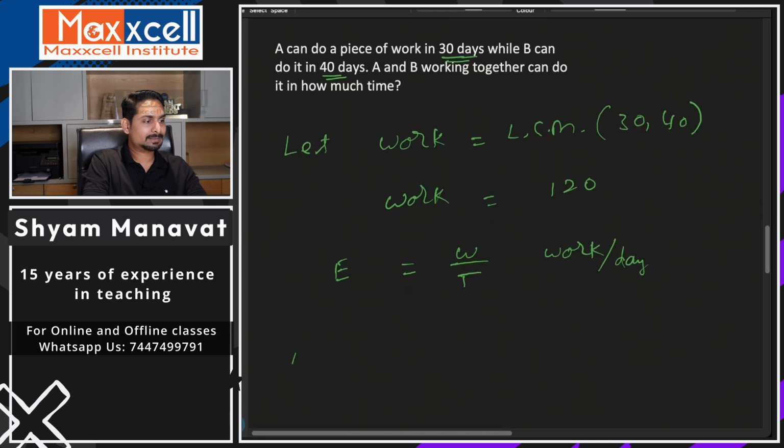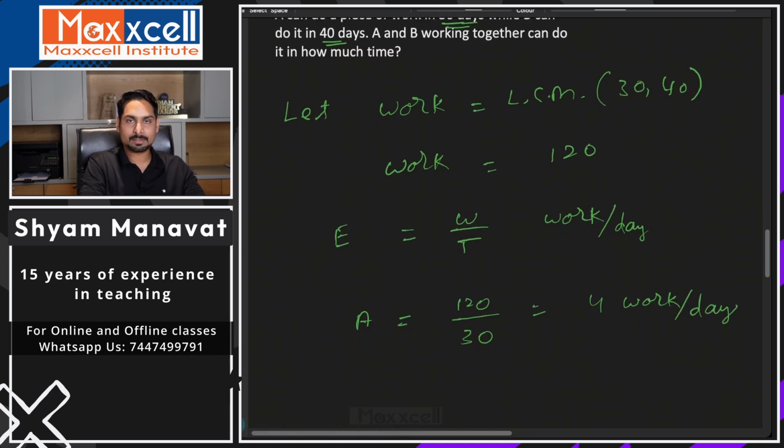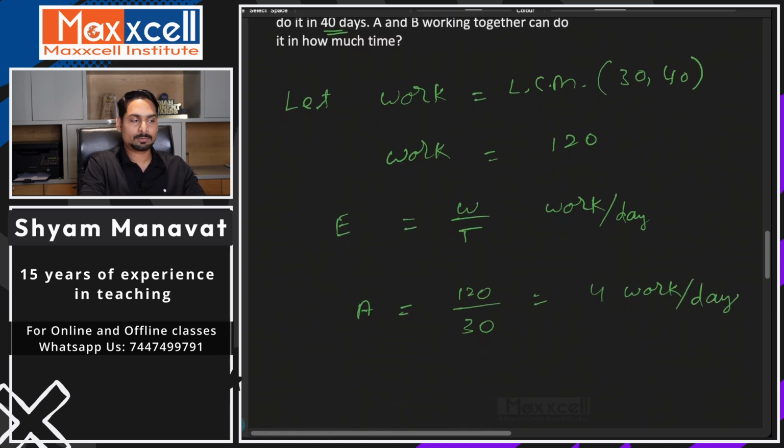So what will be A's efficiency? Let me call A's efficiency A. A's efficiency will be work 120 by the time taken by A, that is 30. Cancel this, and you get 4 work per day. Are you okay with that? Efficiency of A, 120 by 30, is 4 work.